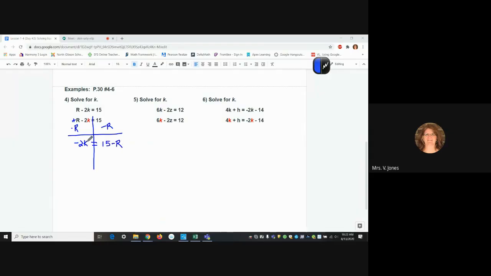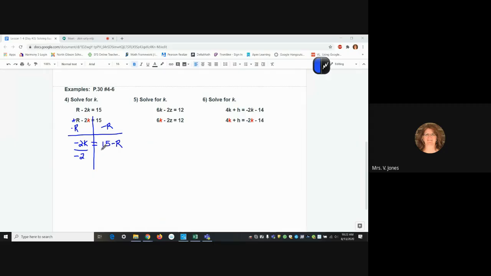All right, so the k is still not by itself. We have to get rid of this negative 2 that's being multiplied. If you want to get rid of something being multiplied, then you divide it. So when I divide, I'm dividing by the thing I'm trying to get rid of, which is the negative 2. Remember, we don't change signs of a number, we change the operation, what it's doing.